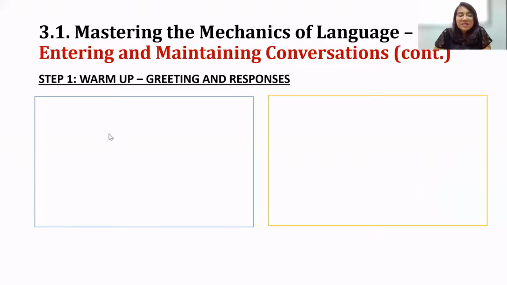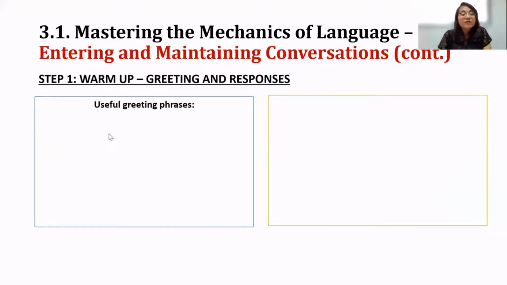Conversation is actually just like a sport. We need to warm up. We need something to break the ice, to warm up the situation. And in a small talk, we can do it by greeting and also preparing the responses when the other person, our speaking partner, greets us back.